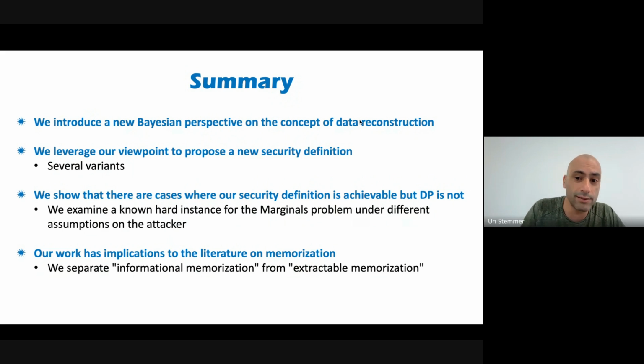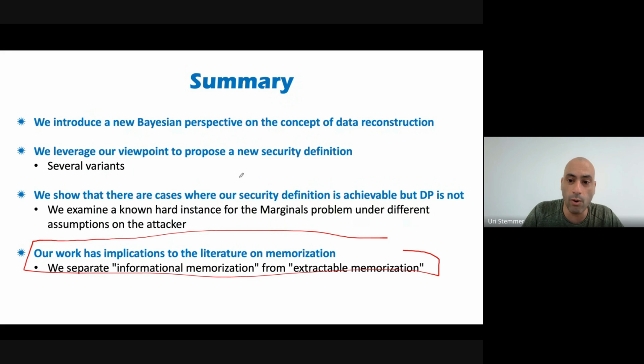We conduct, as I said, a case study regarding our new definition with respect to the marginals problem under different assumptions on the attacker. And finally, this is something that I didn't mention here in the talk: our work has implications to the literature on data memorization, but again, I didn't talk about it here. So that's it. Thanks for listening.